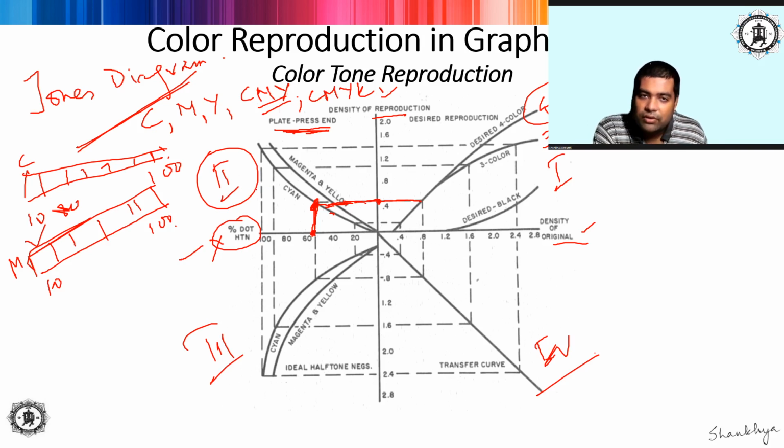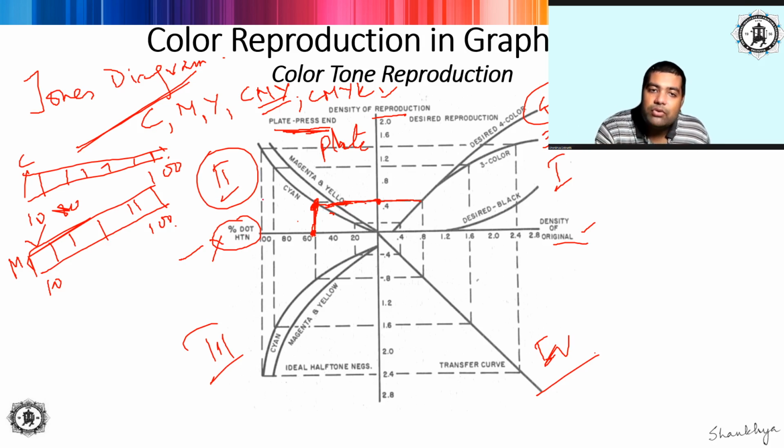That is what you have done basically, right? This is representing your plate data. That means it is saying that in your cyan plate, in your magenta plate, in your yellow plate, what percentage of dot is required for reproducing what density.